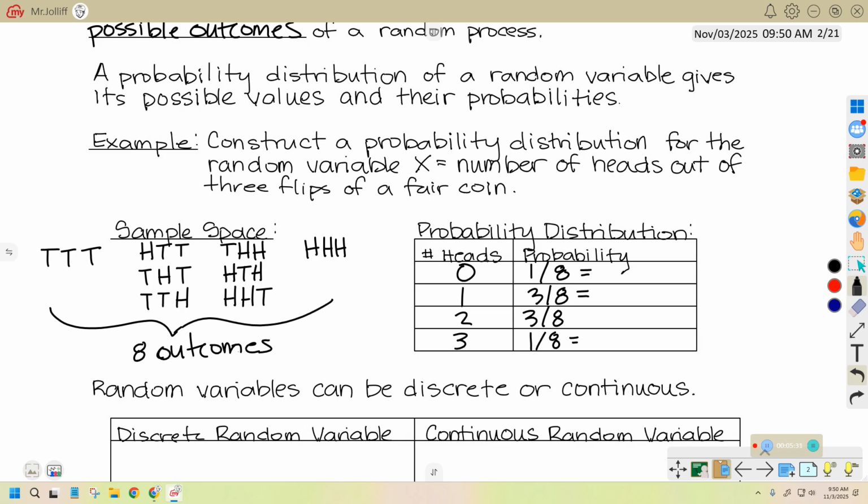And we know we prefer decimals rounded to 3 or 4 places. So 1/8 is 0.125. And 3/8 is 0.375.